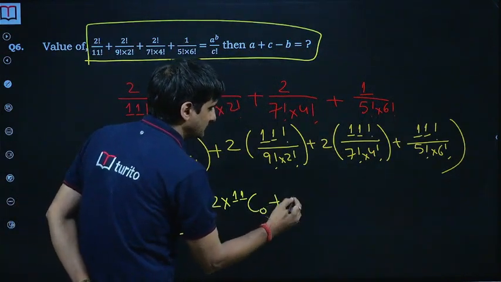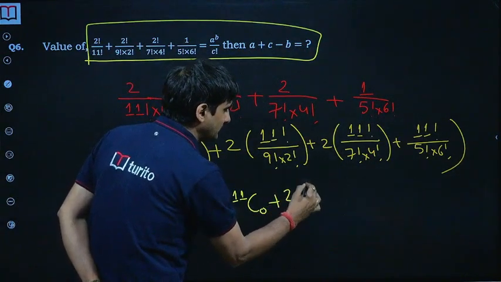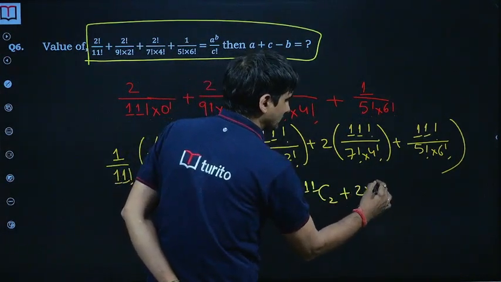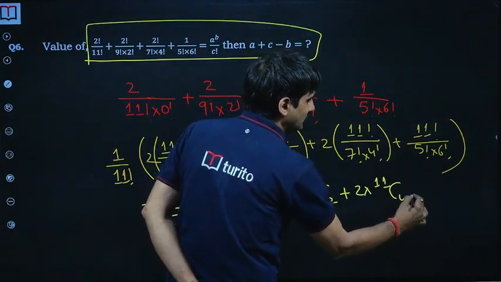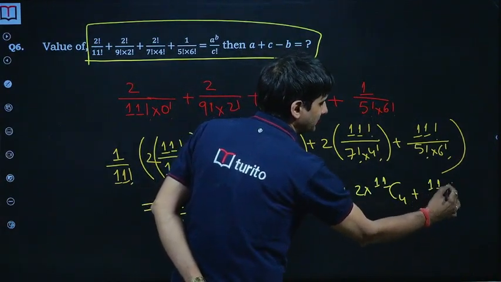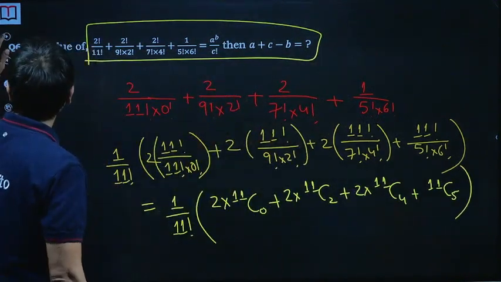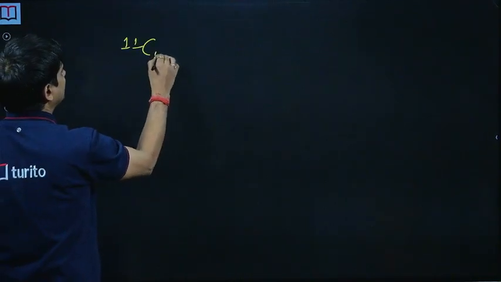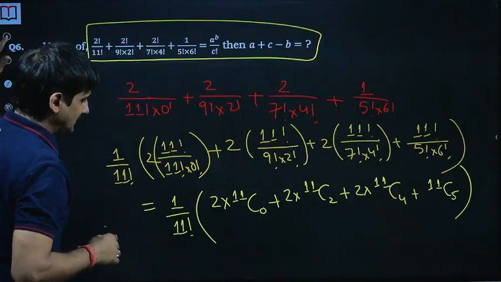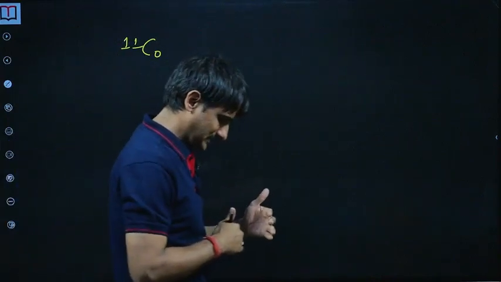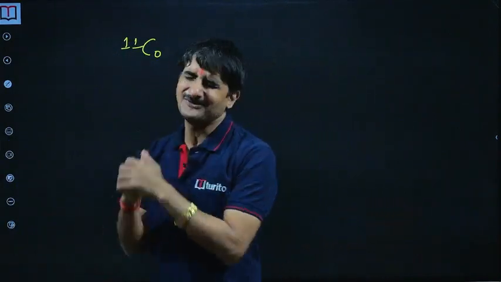Okay, chaliye, let me do it. So 2 into 11C2, 2 into 11C4, and then 11C5. Okay. So now what I can write here is, it got a bit messed up, I think 11C0, okay, plus 11C2 plus 11C9. Neither we will get all odd nor we will get all even.